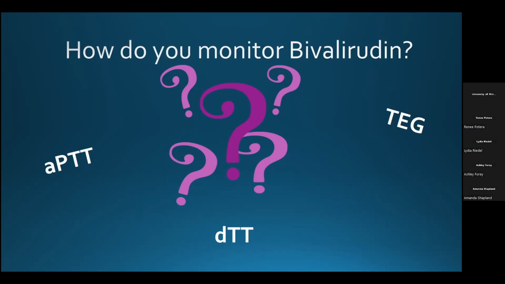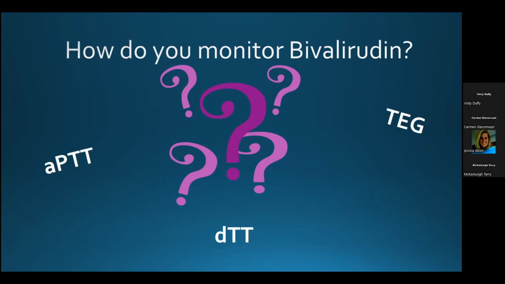Unfortunately, there's not a lot of data on viscoelastic testing in bival, and really trying to define what a goal R time for TEG or a goal clotting time for ROTEM should be. There are a few retrospective studies that have looked at correlation between PTT and clotting time, both in the INTEM and EXTEM, or PTT and the R time on TEG, but we're struggling to figure out what that true goal should be.